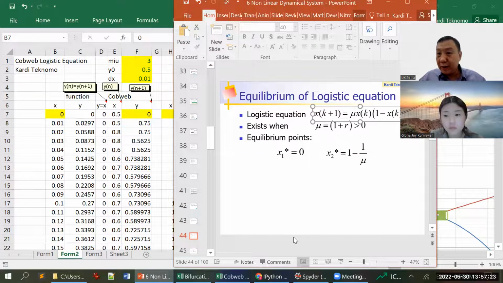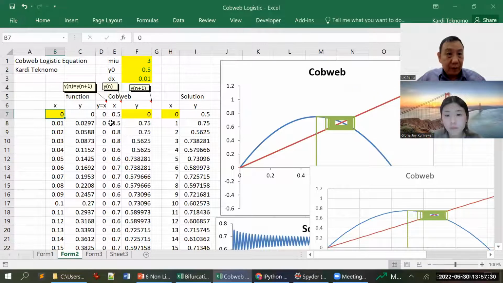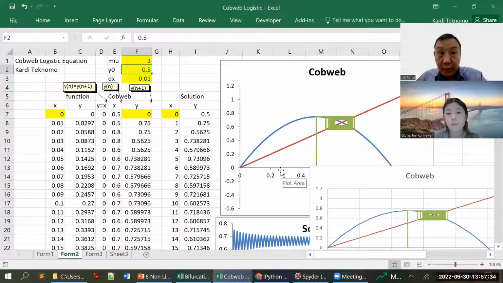This is the equation that I put here. So I use mu. I have y0, and I can set dx. dx is 0.01. It's up to you to decide.